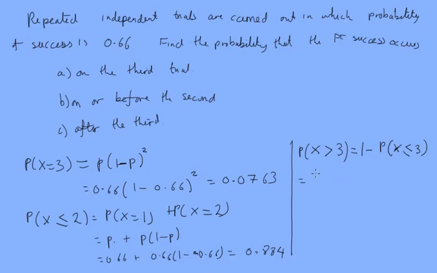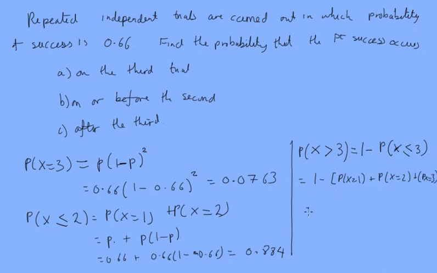So we've got 1 minus the probability of X equals 1 plus the probability of X equals 2 plus the probability of X equals 3.